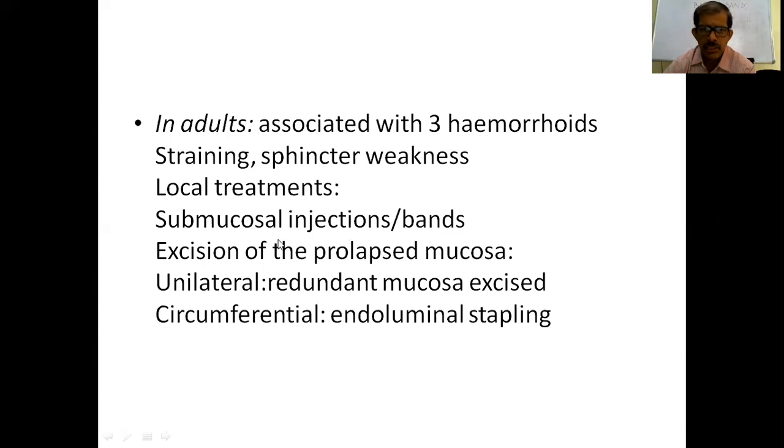That also can be done, and sometimes rarely, if at all, stapling can also be done, but this simple excision is enough for adults. For children, it is repositioning or Barron's bands, whereas for adults, it is injection or bands, or rarely excision of the prolapsed mucosa.